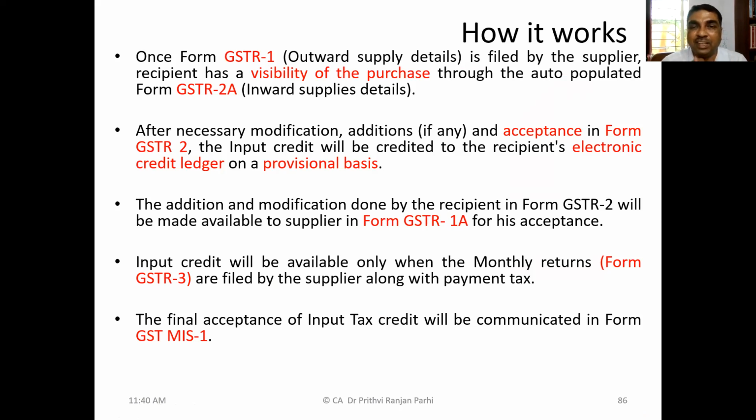Now the recipient can easily understand which invoices are reflected in GSTR 2A and which are not reflected in GSTR 2A. If it is reflected in GSTR 2A, then fine. He can take 100% ITC, input tax credit. If it is not reflected, then you can do it on a provisional basis. But for the provisional basis, there is a limit. The limit is 5% of the amount which is reflected in GSTR 2A.